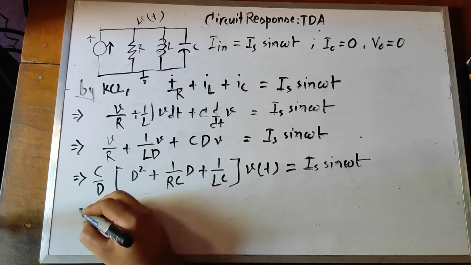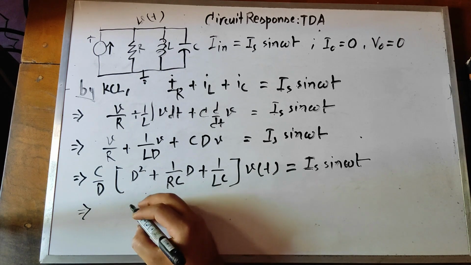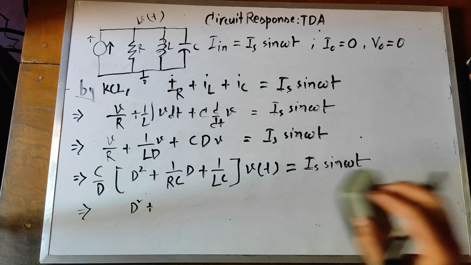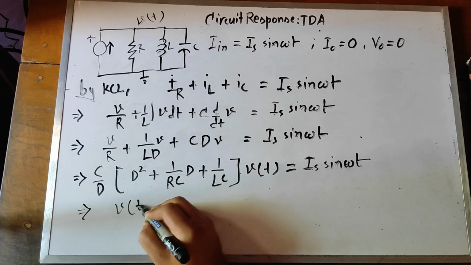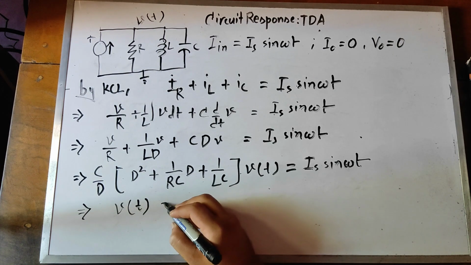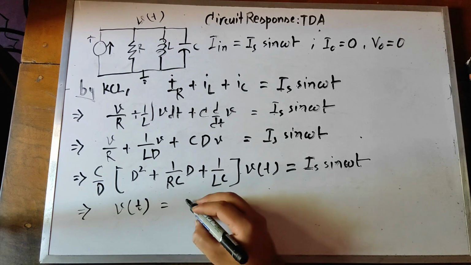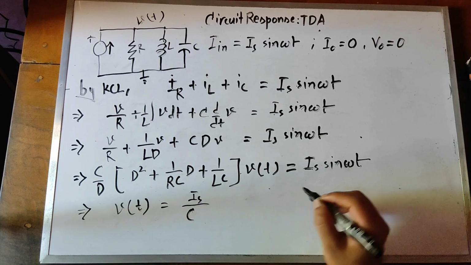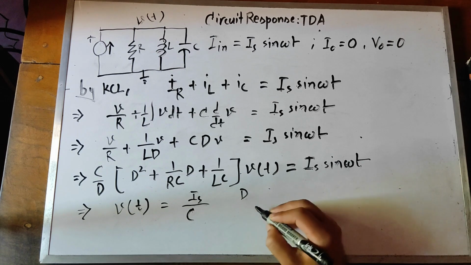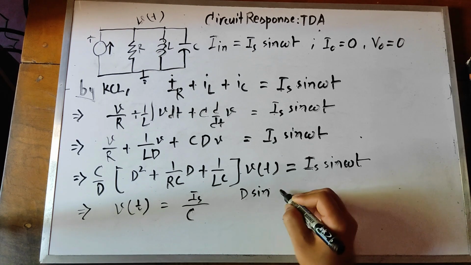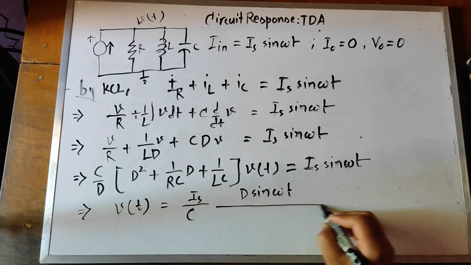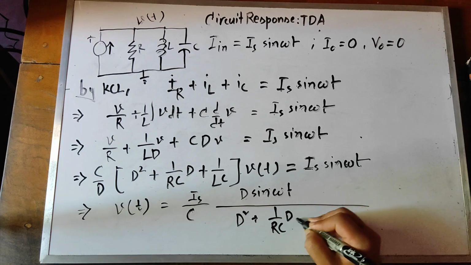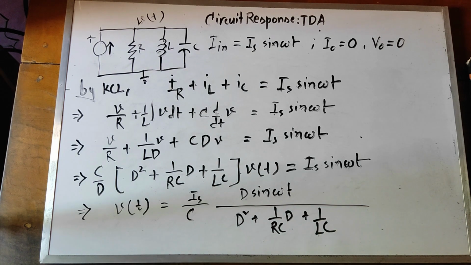Now what I'm going to do is, V is obviously a function of time. So if I take I_s by C out, and the differentiation of sine omega t, D squared plus 1 by RC D plus 1 by LC.